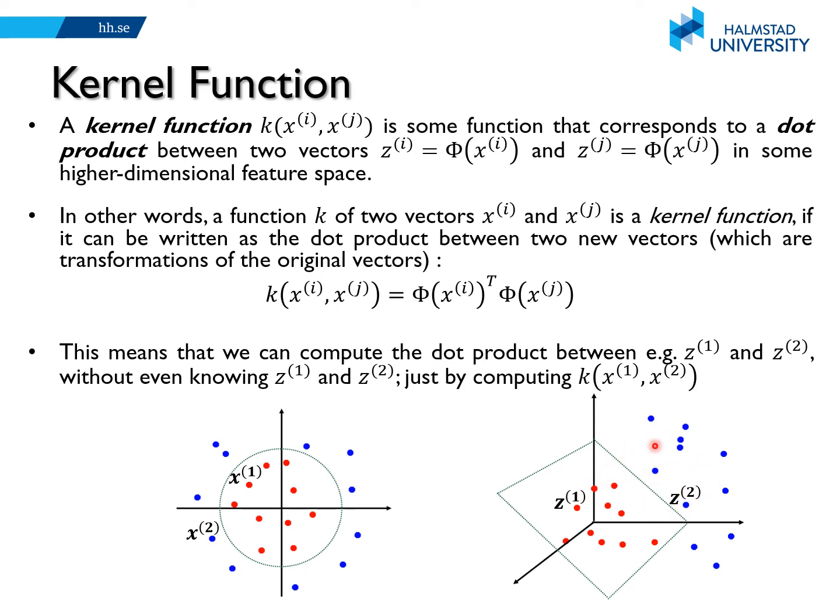And instead of computing this dot product in this higher dimensional space, you can still do it in the original feature space by using the kernel function. We will talk more about this shortly after. Here you just need to know that a function k of xi, xj is called the kernel function if it can be written as the dot product between two new vectors. The first one depends on xi, it's the mapping of xi, and the second one depends on xj, it's a mapping of xj.